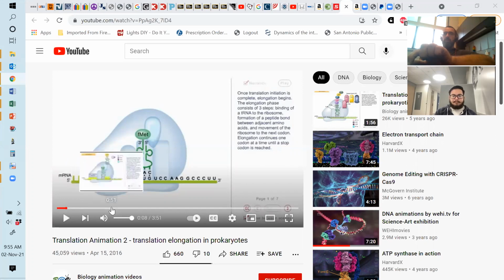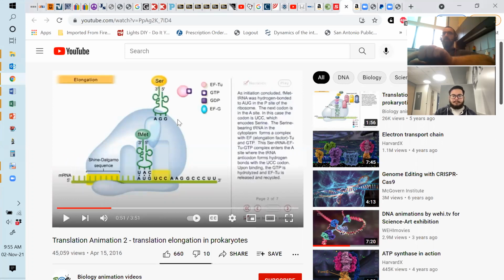So let's scooch along a little bit. Where are we at? There you go. So now we have our serine tRNA, and we have some elongation factors that will help that enter the ribosome with the aid of some energy in the form of GTP.